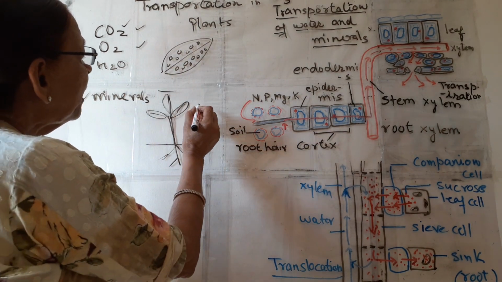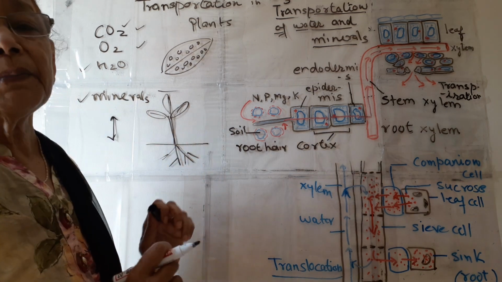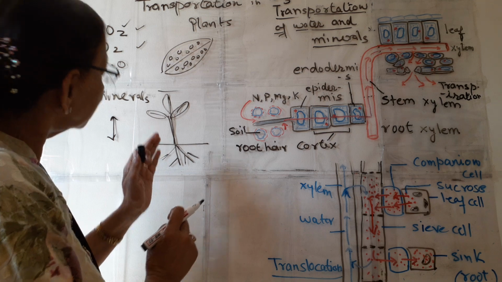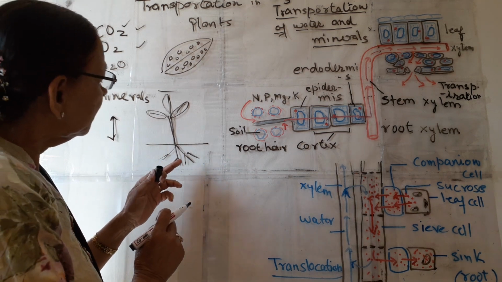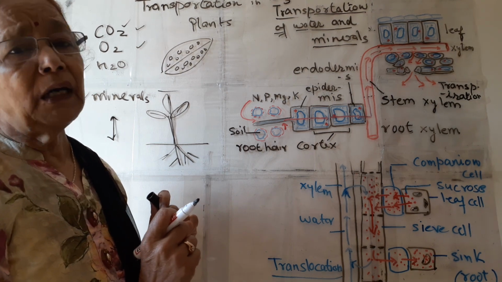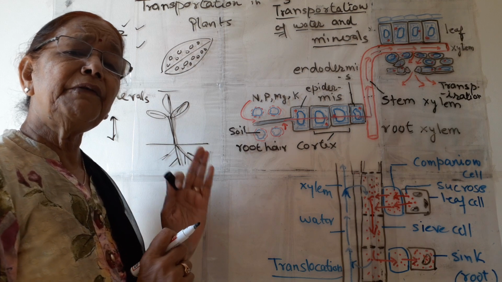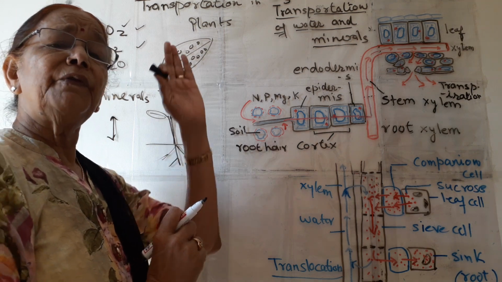But if a plant is small in size, this diffusion pressure or osmotic pressure is sufficient to take the water from the soil up to the top of the plant. But we see that plants are very tall, 20 feet, 30 feet, 40 feet.